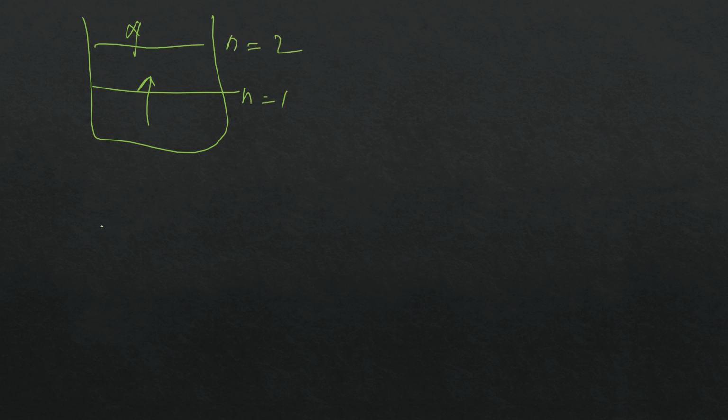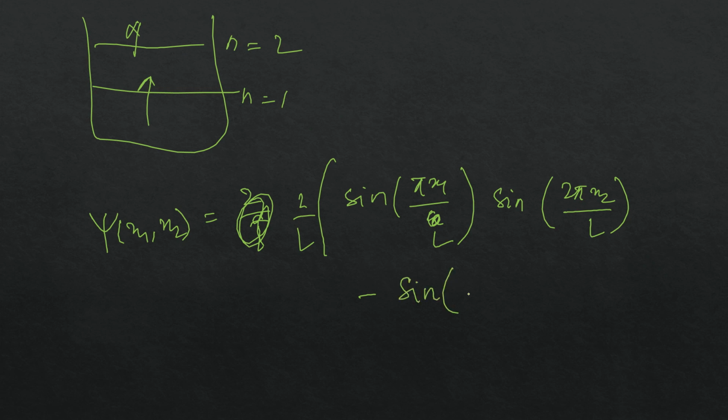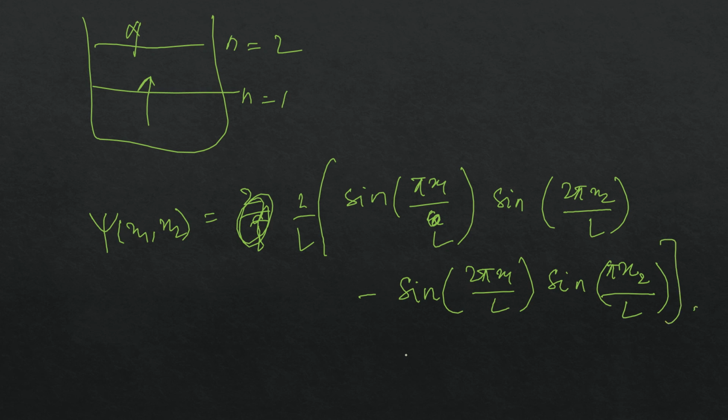So I can write psi of x1, x2 is equal to 2 by L, sine pi x1 by L into sine 2 pi x2 by L, minus sine 2 pi x1 by L into sine pi x2 by L. Alright?